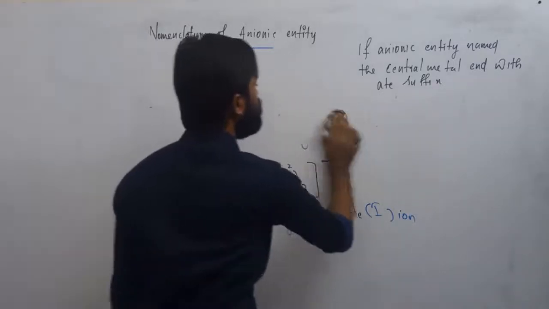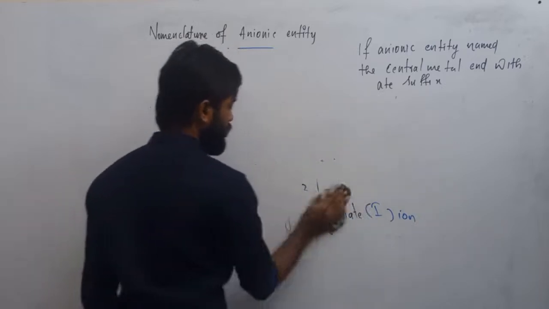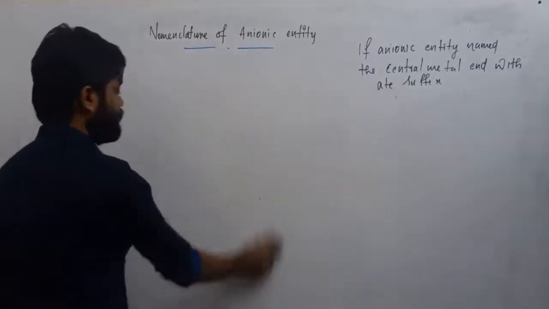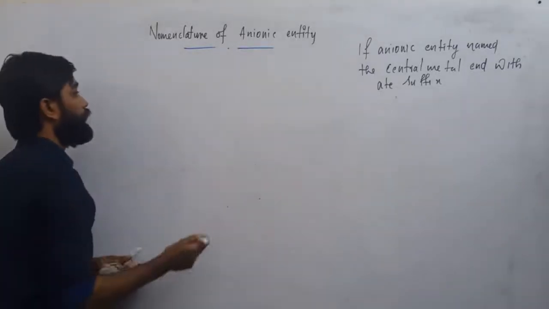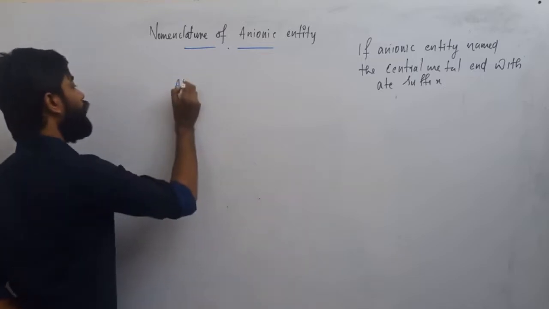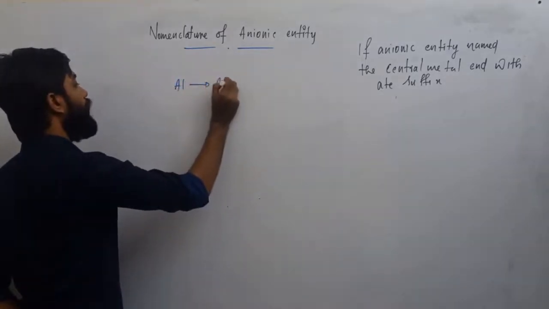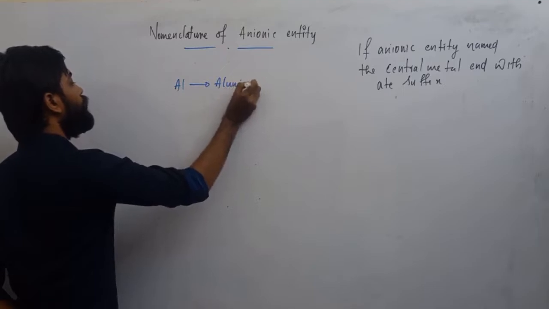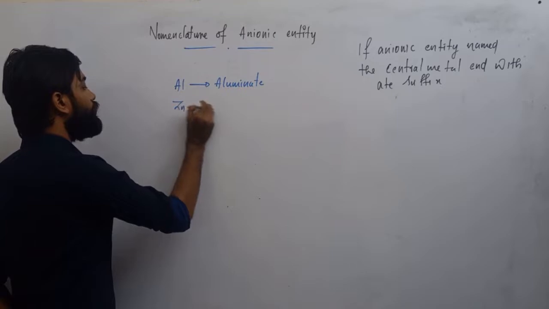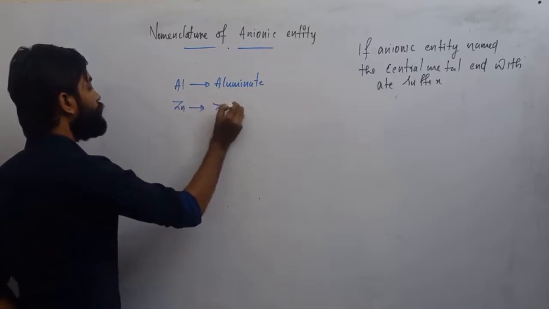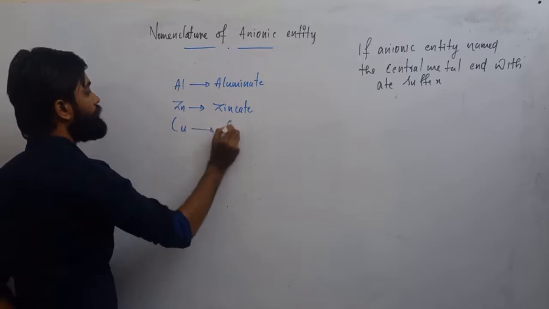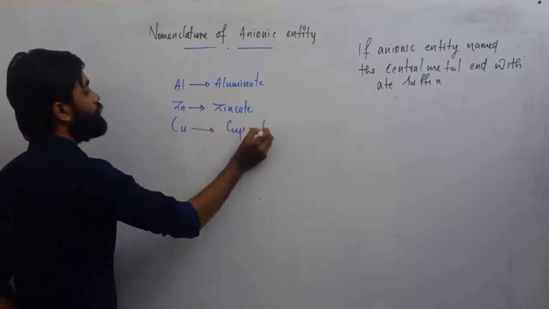So I'll give you some names of central metals when they are mentioned in an anionic entity. Example: if you have aluminum, then it is named aluminate. If you have zinc, then zincate. If you have copper, cuprate.